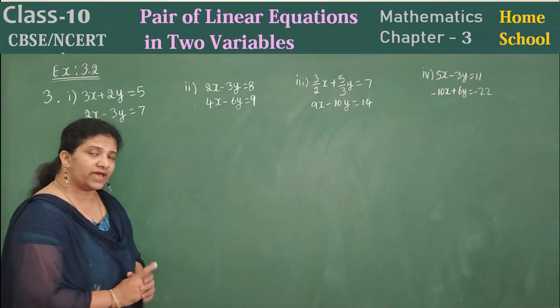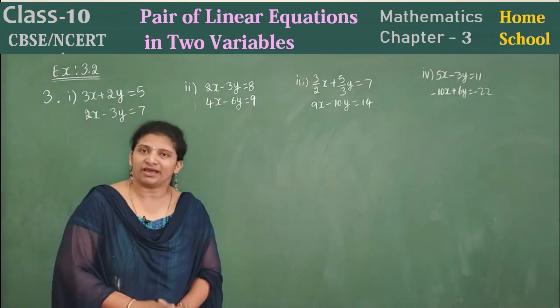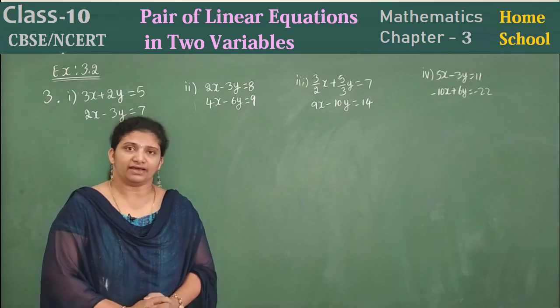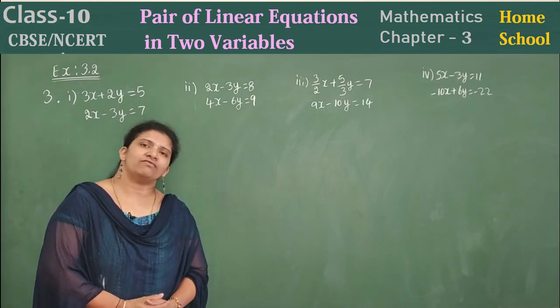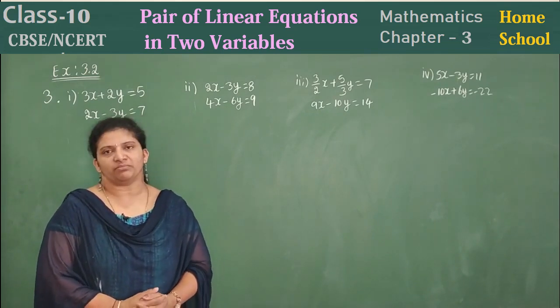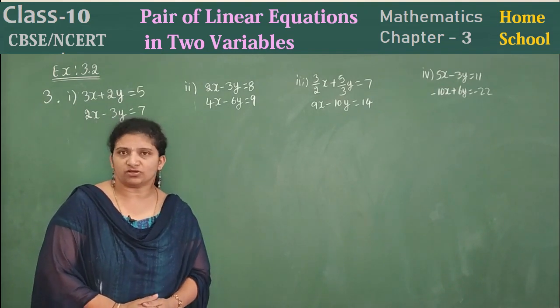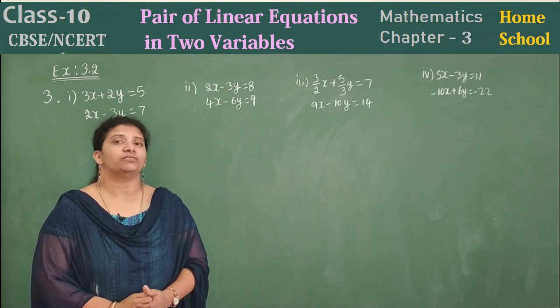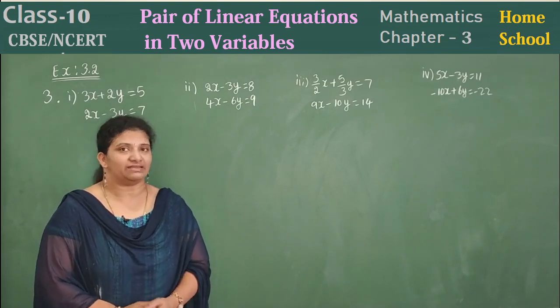So as we have discussed in our table, at that time I told you which are the cases where we will be having consistent and inconsistent. If a1 by a2 is not equal to b1 by b2, then it will have a unique solution and the lines will be intersecting. At that time, the two equations will be consistent.